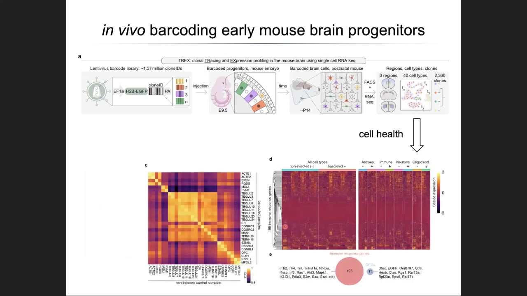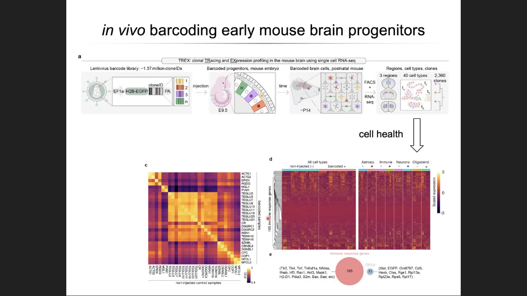Because we have the non-injected controls, we first assessed cell health just to see whether lentiviral barcoding somehow messes with the cell physiology. We first correlate average gene expression between classes of cells of barcoded and non-injected controls, and we see there's a very high correlation.